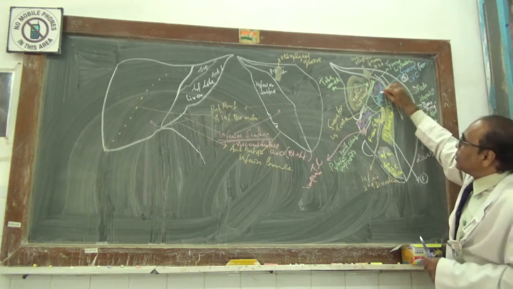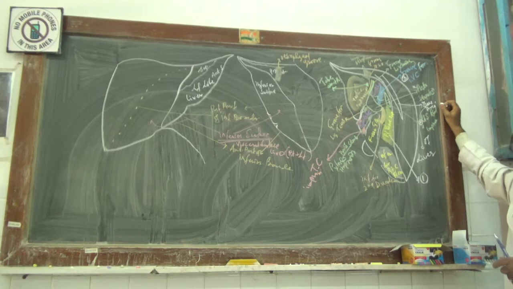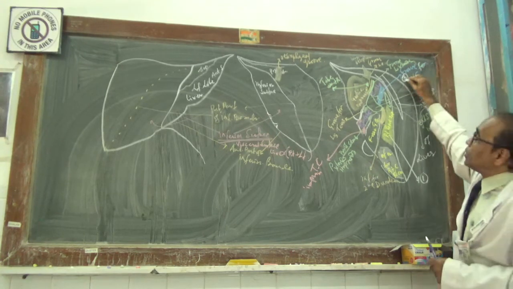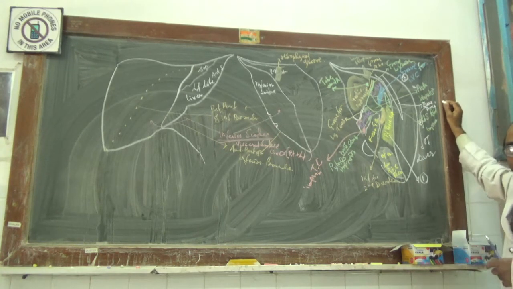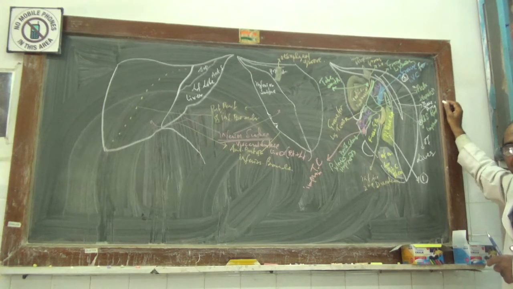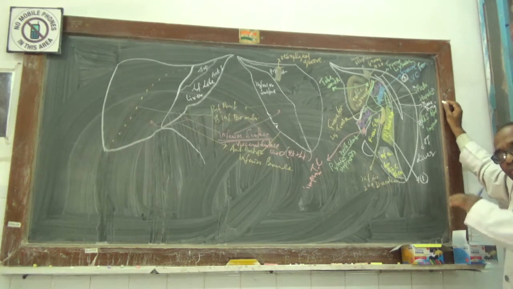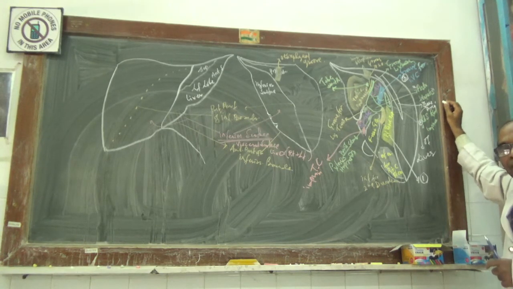Now this groove is made by the anterior surface of the inferior vena cava, abdominal part. This groove is almost all buried in the liver. But in some cases it is not buried, it is superficial.